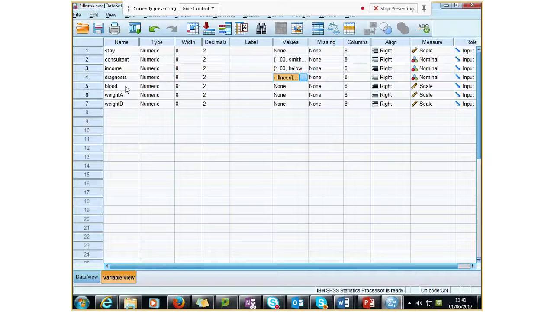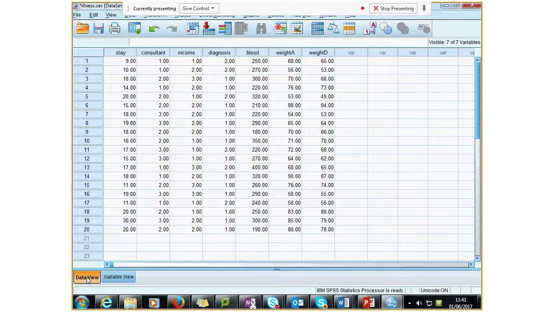What I've written down as blood here represents the blood loss that these patients have suffered. Weight A is their own weight on admission, and weight D is weight on discharge. The actual data sheet may have a different abbreviation. That's the one that I've put in. It doesn't matter really.